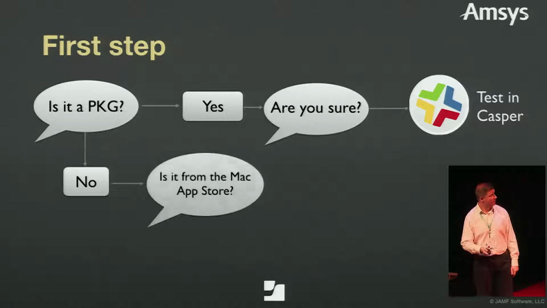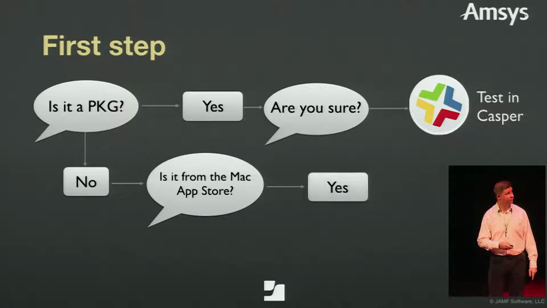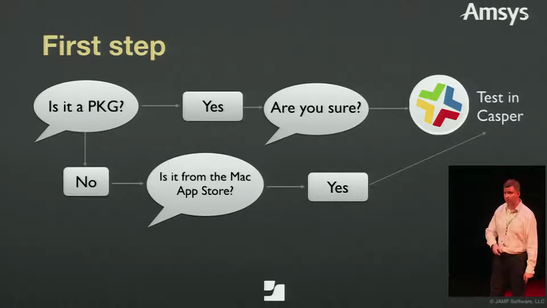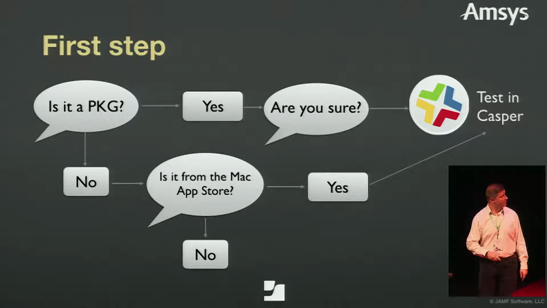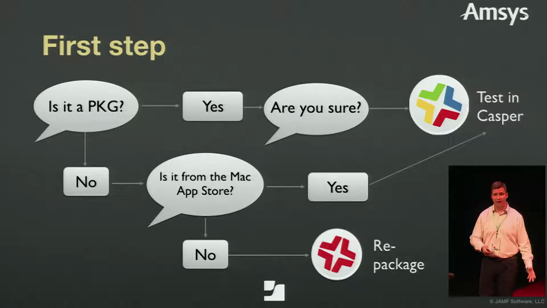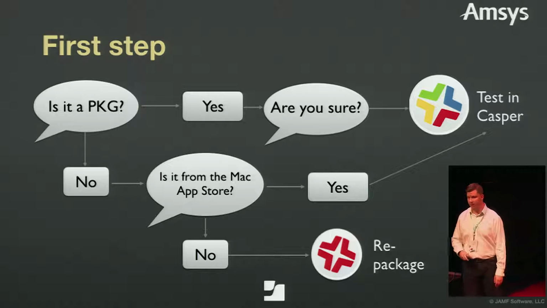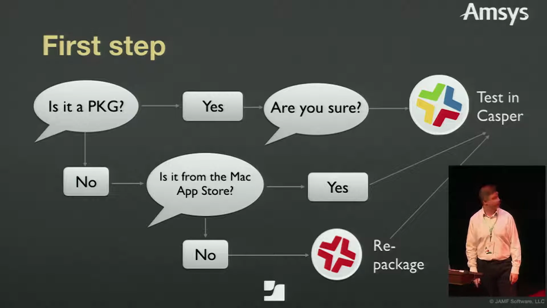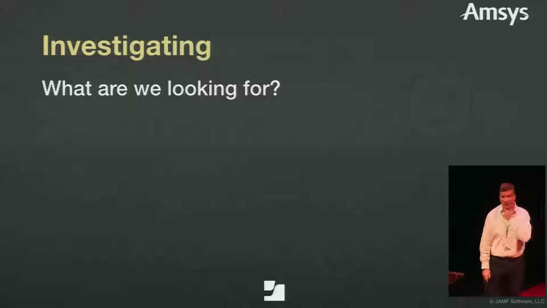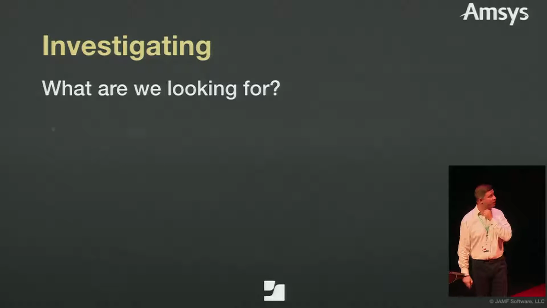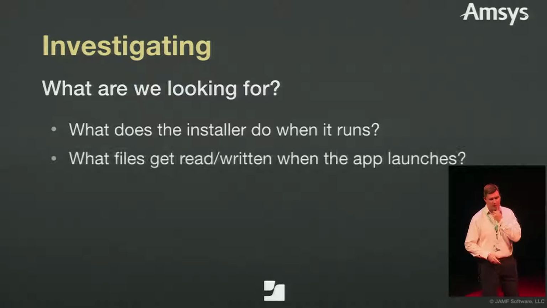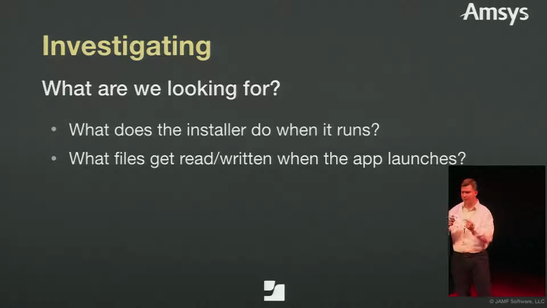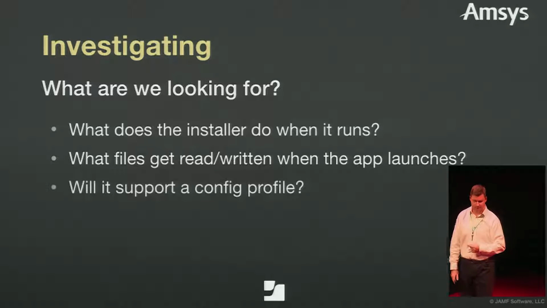If it's not, is it from the Mac App Store? If yes, then great. We can go straight ahead, buy it in VPP and deploy. And if it's none of those, then obviously we're going to be looking at repackaging in one way or another. So the kind of things we're looking for: we just want to know what the installer is doing when it's running, where it's putting its files, what it is interacting with on the file system.